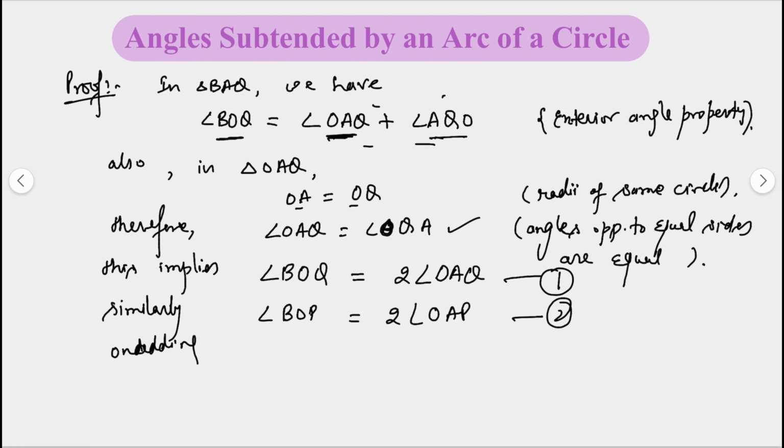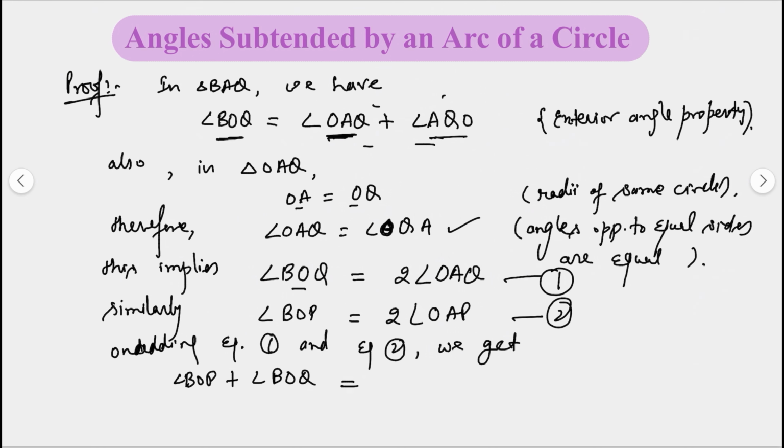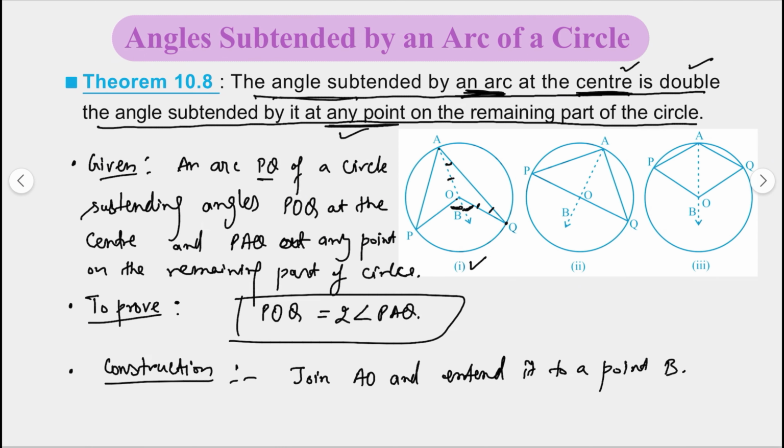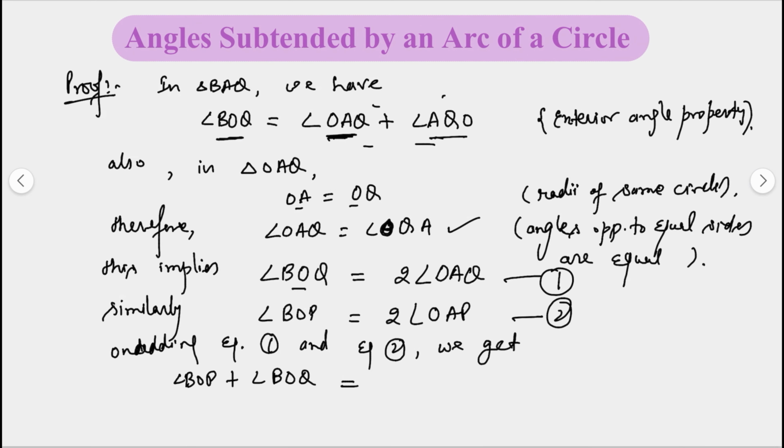On adding equation 1 and equation 2, what we get is angle BOP plus angle BOQ equals, from here we can take this 2 common, so what is left inside is angle OAQ plus angle OAP.